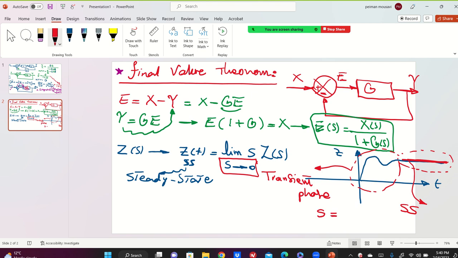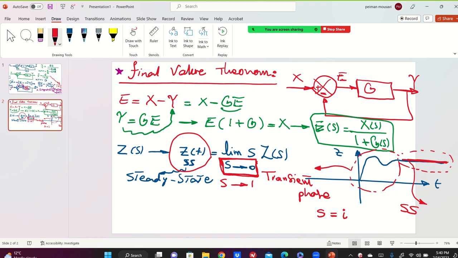I told you in the first class. My question is, why do we say S goes to 0, you get the final value of the function? Why S goes to 0?